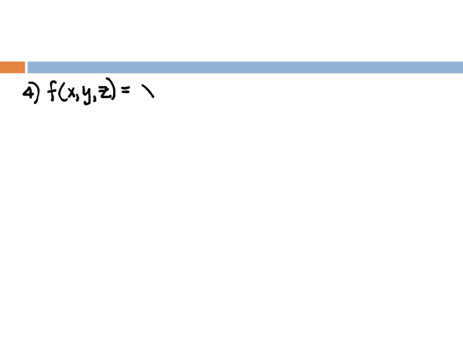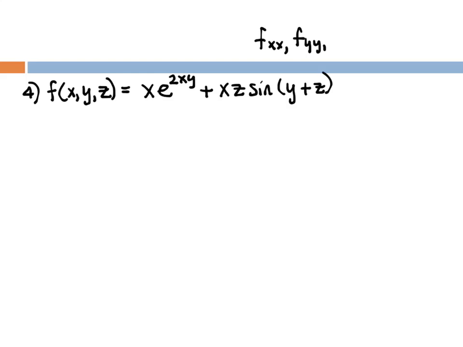And our function is x e to the 2xy plus xz sine of y plus z. And I'll just write above the ones that we're looking for because I'm a little bit out of space here. We're going to find f sub xx and f sub yy. And then we're going to find one that looks a little bit different. We're going to find f sub y, y, z, z.